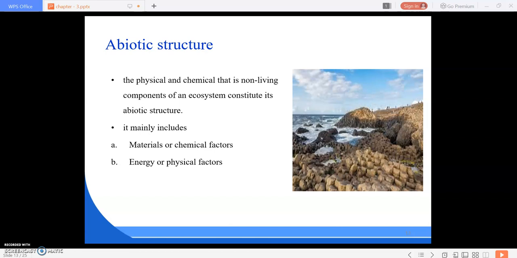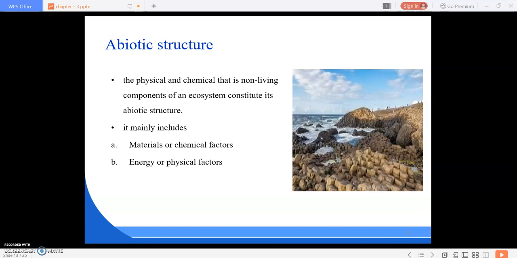Now I am going to teach you about the abiotic structure. We have an idea that abiotic means the non-living things, the non-living components present in our environment or ecosystem, and that's called our abiotic components or structure. So the physical and chemical, that is non-living, components of an ecosystem constitute its abiotic structure.